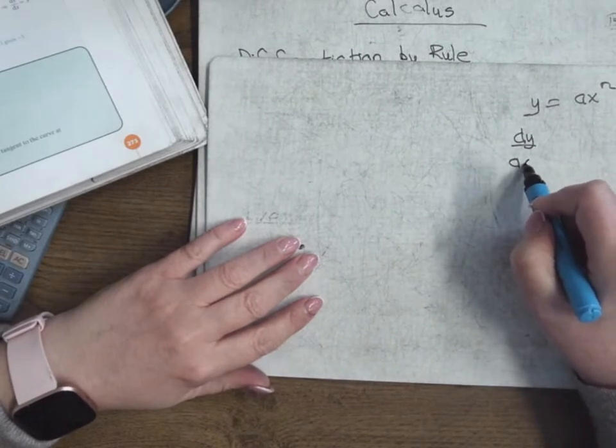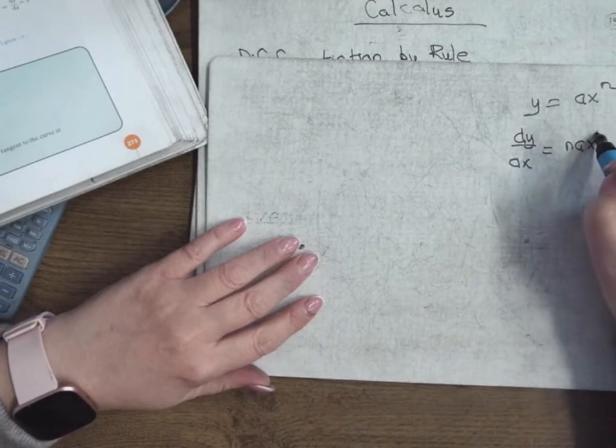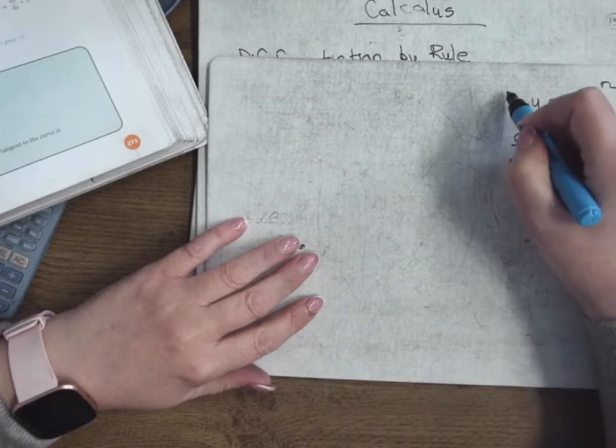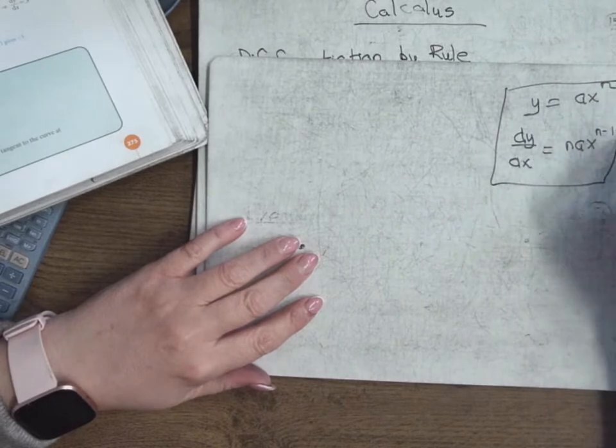When you differentiate, when you bring the power down in front, you just multiply by the number that's already there. So that's like an extension of the first rule.